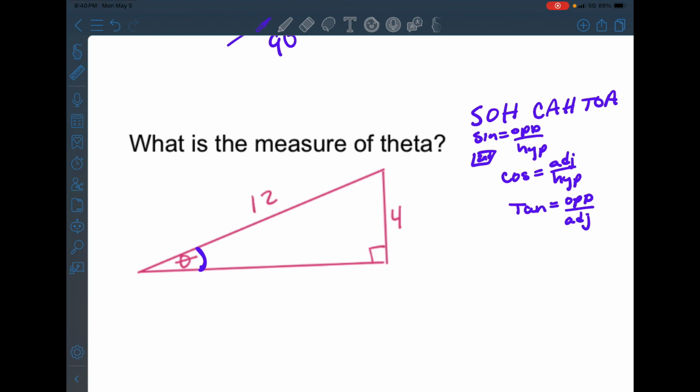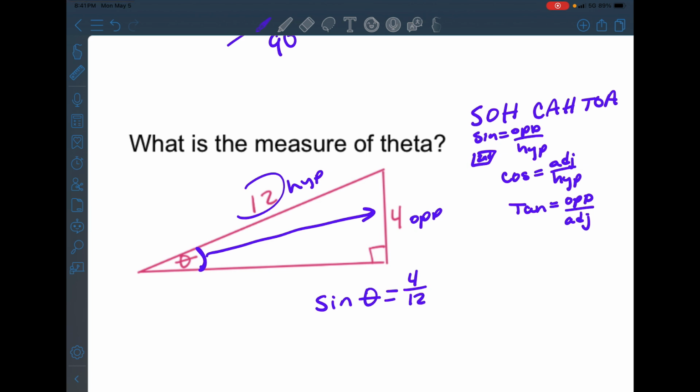Okay, so I'm looking for the angle. I got to see what ratio I have. So this is my hypotenuse. And if I have to cross over there, this is my opposite. So I'm going to be using the sine. So opposite over hypotenuse. Yes, it can reduce. Do we have to? No, we're just going to put it in our calculator. But when we don't have what our degree is, we're going to do this, called the arc sine.